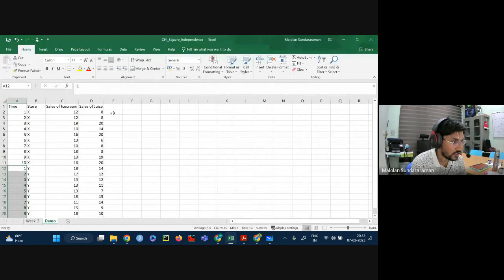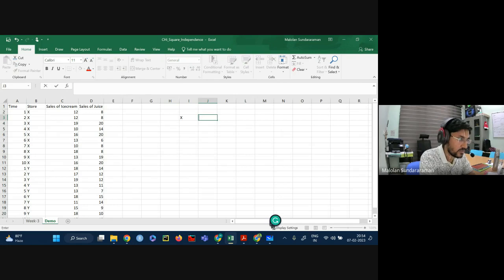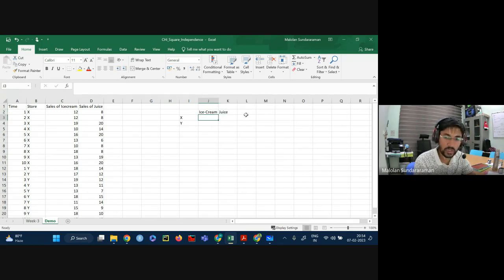Right. So this is the data. From this, I want to create the contingency table, which we were talking about. So let's go with X, Y, and then ice cream and juice. So what should be the value that comes here?